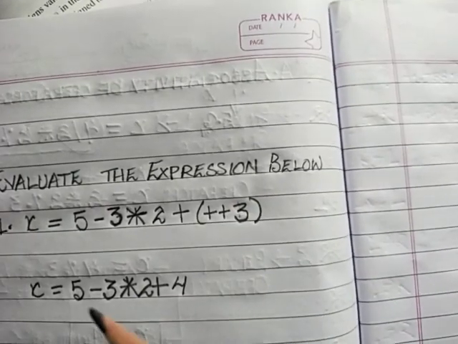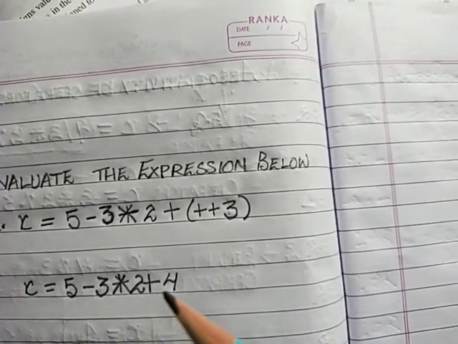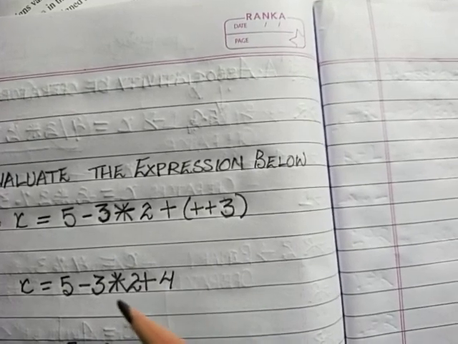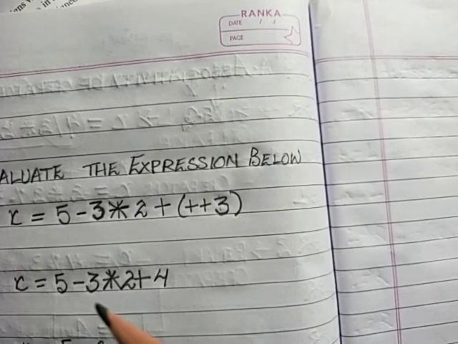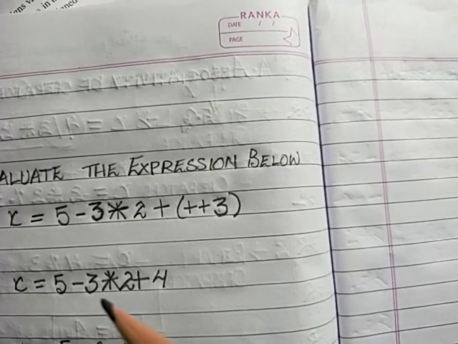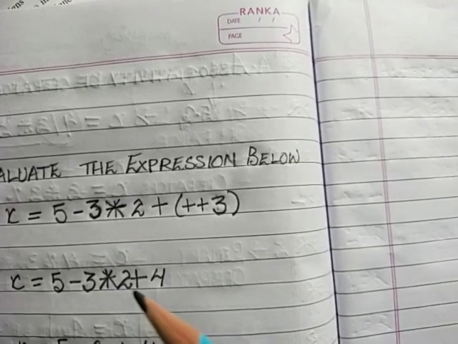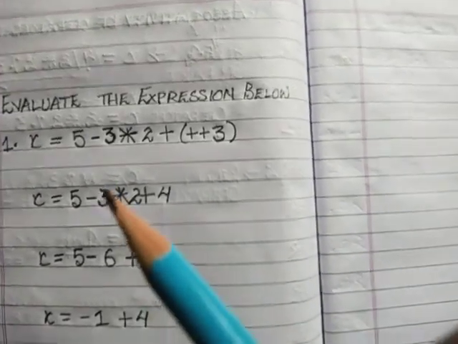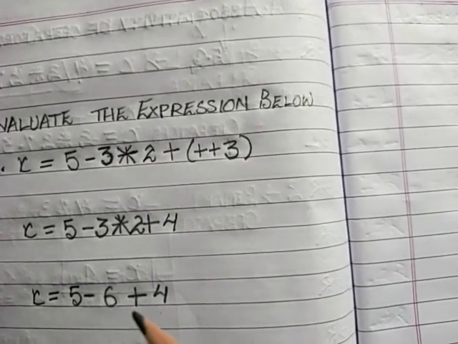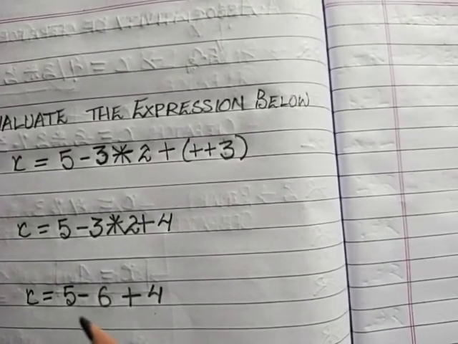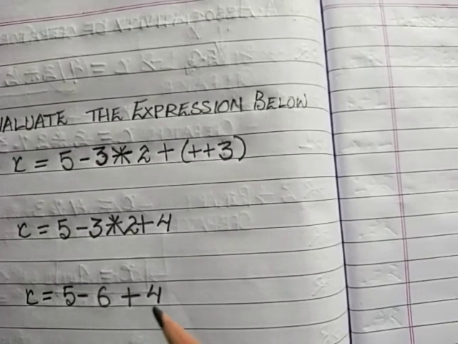So from here, in this expression, 5 minus 3 into 2 plus 4, the highest rank operator is multiply. Therefore, the expression that will get evaluated will be 3 into 2. After I multiply 3 into 2, the product will be 6. Therefore, the next expression is 5 minus 6 plus 4.